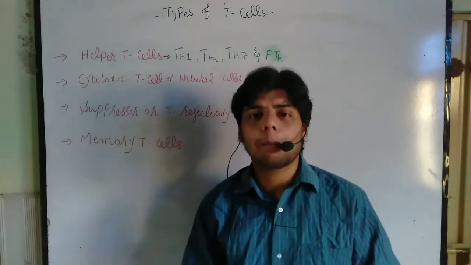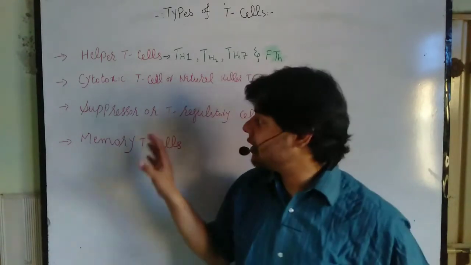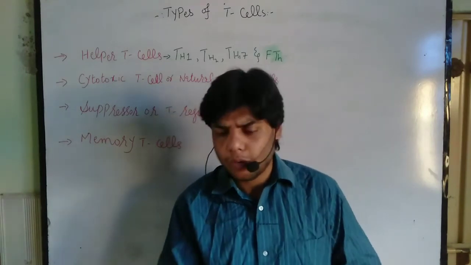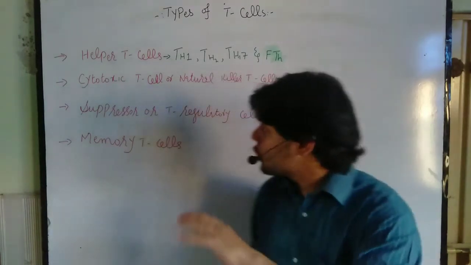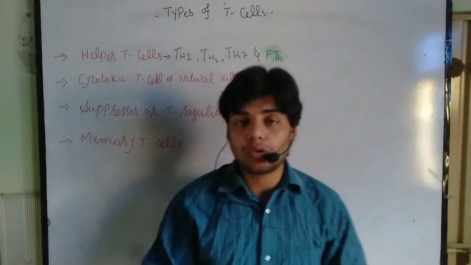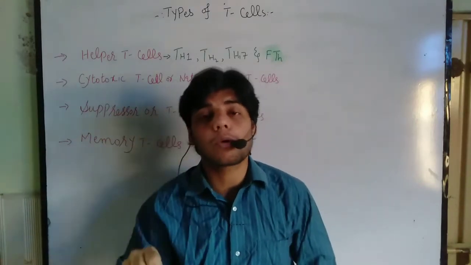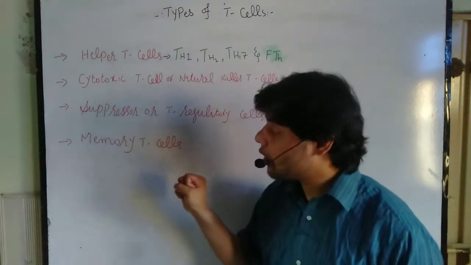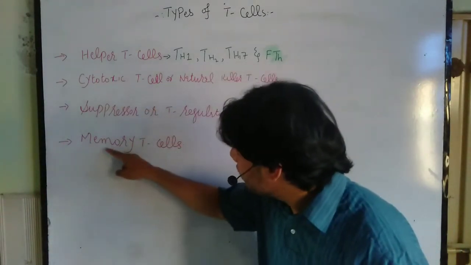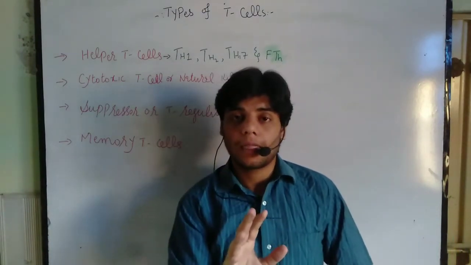For example, if Mycobacterium tuberculosis comes inside our body, then each T cell will store the information of that Mycobacterium tuberculosis: what kind of damage it can cause, and what the structure of this Mycobacterium tuberculosis is, each and everything. Once they store all this information, then the cell converts into what we call a memory T cell.